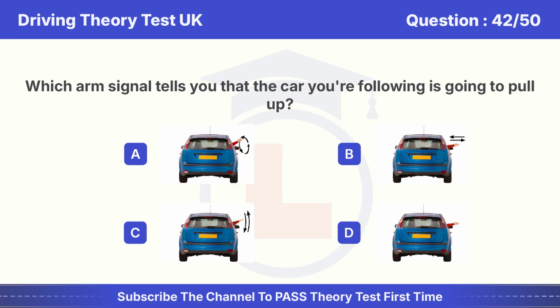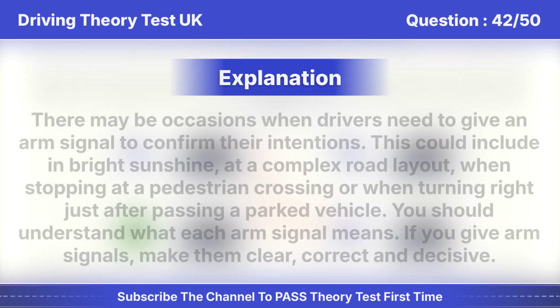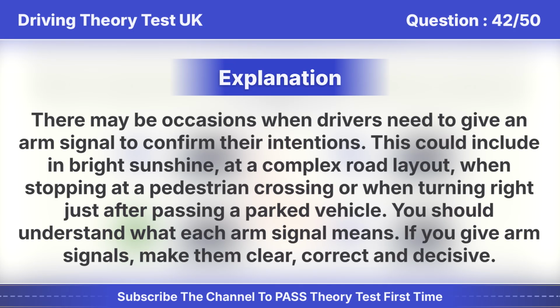Question 42. Which signal tells you that the car you're following is going to pull up? Answer is C. There may be occasions when drivers need to give an arm signal to confirm their intentions.